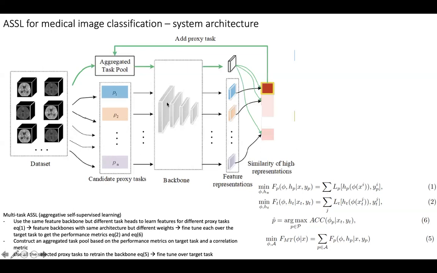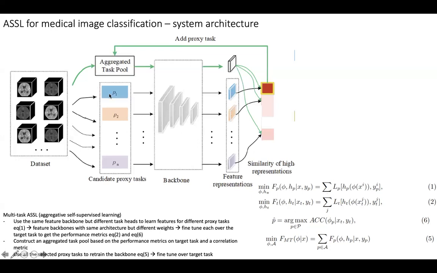It's very simple. For example, we will use one feature extraction backbone. This feature extraction backbone will be combined with a task head for each of these proxy tasks, and we train this feature backbone and the proxy task head.